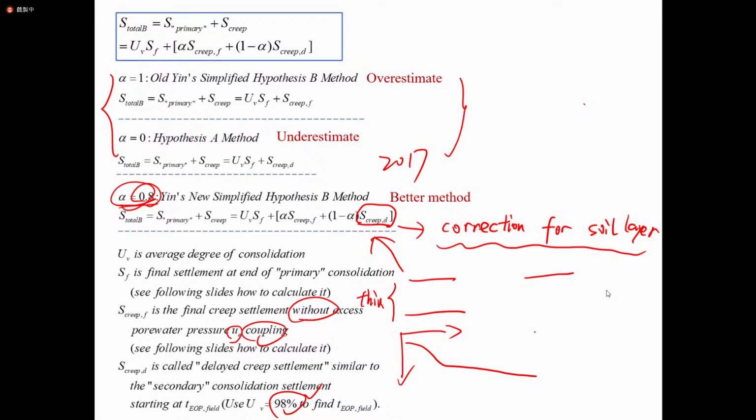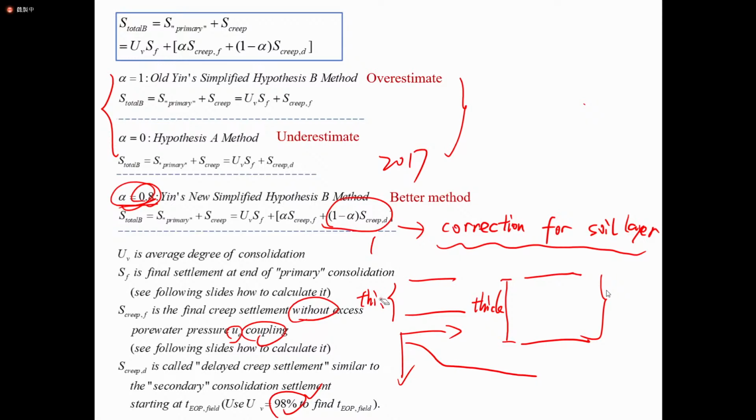But for a very thick soil, 98% takes a lot of time to achieve, right? That's why if this soil is very thick, this item will be very small.